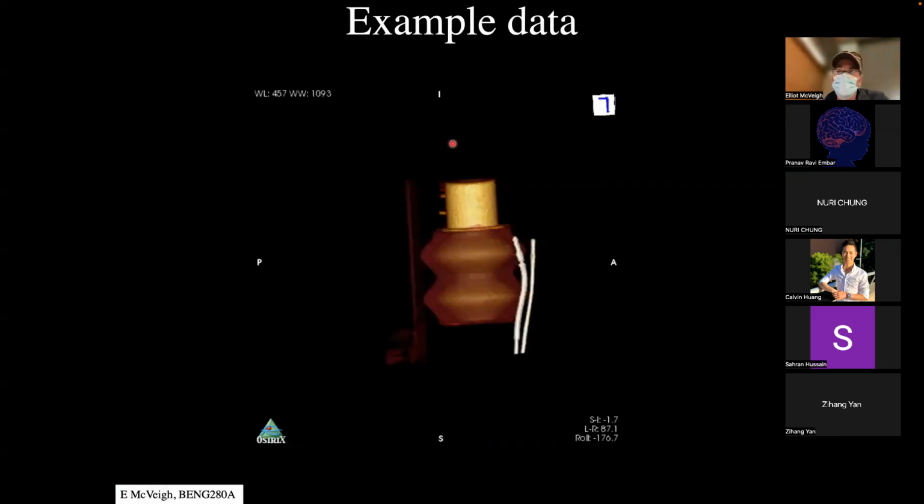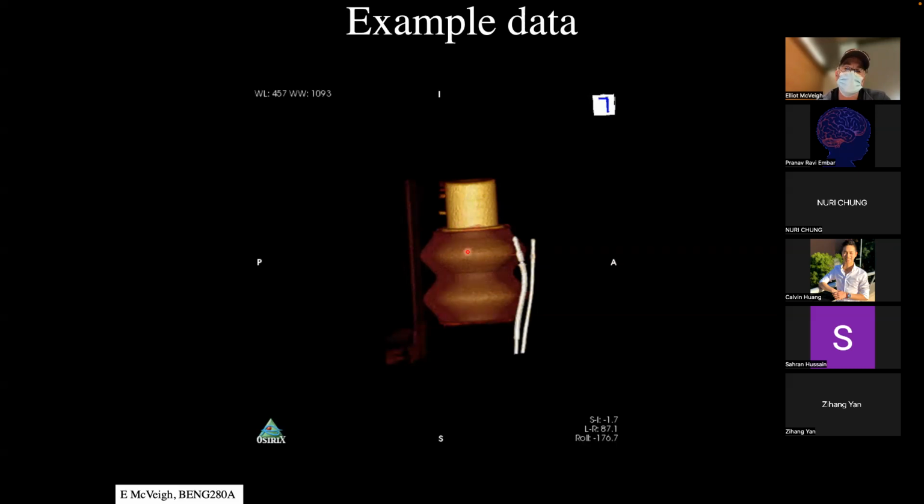So here's an example where we put this phantom in a CT scanner, and this phantom is something we built on a printer. It's a resin, and it has an hourglass shape, and we filled it with contrast, and that's why it's bright, where the contrast is in the chamber.